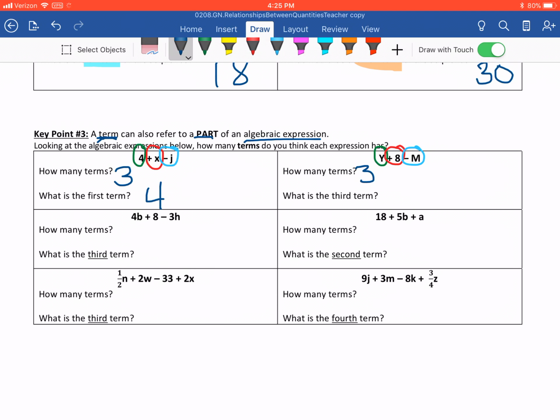For this one, notice what is actually in front of the m. This isn't just plus m, this is minus m. When it's a negative like this, the third term is actually not just m, but negative m. It's negative because it's minus m. If it were plus m, I would put plus, but since it's minus m, I put negative m.